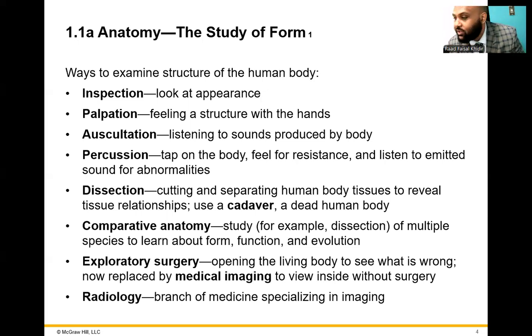And then there's auscultation. Auscultation is when we use the stethoscope, and with the stethoscope we hear the sounds of the heart, the heartbeat. We hear the sound of the valves. Is there a murmur? Are the valves too stiff and blood is unable to pass from one chamber into the other chamber of the heart?